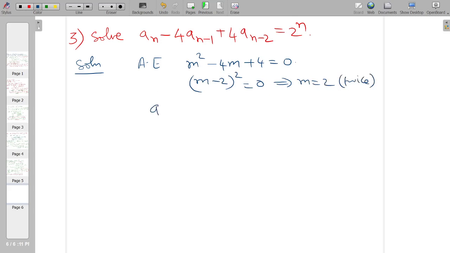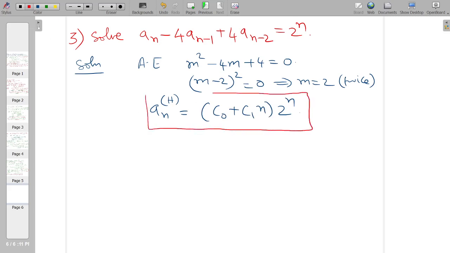Therefore your homogeneous solution would be (c_0 plus c_1 n) into 2^n. So this will be the solution for the homogeneous recurrence relation that has been constructed from the given equation.